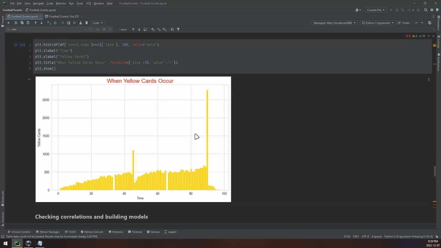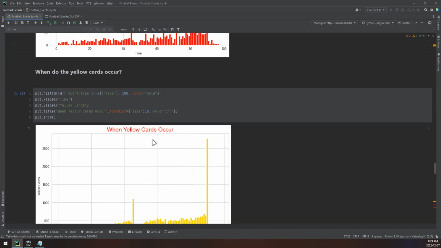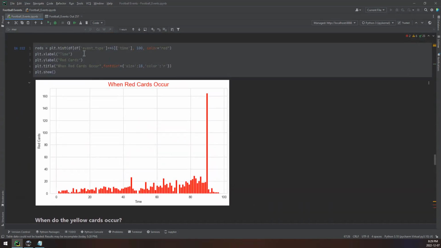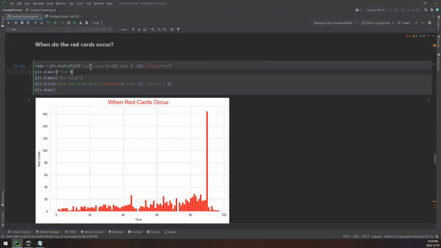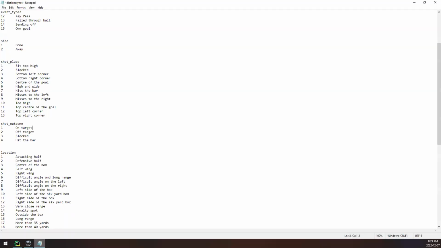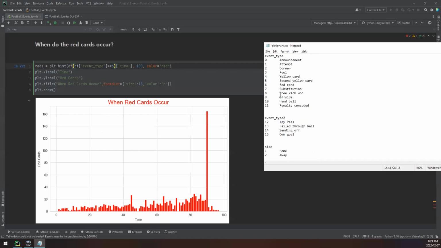If you could explain the code, yeah. For example, this is a histogram plot. What I did here, see, event type equals 6, which is red card. You can see the dictionary also on the right side.